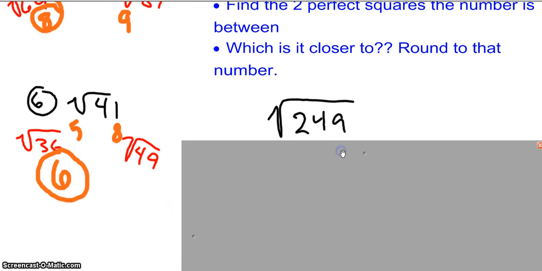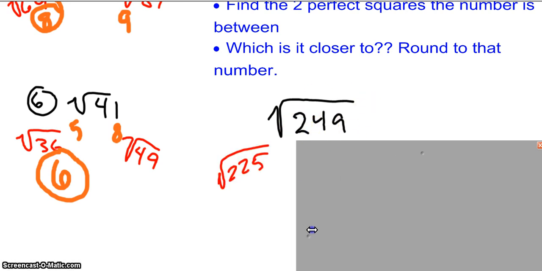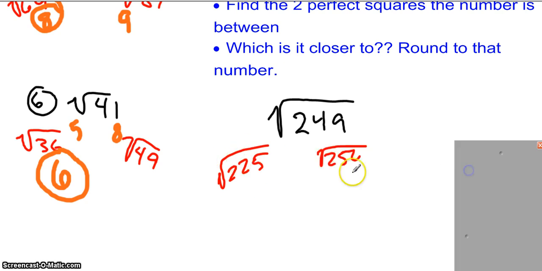How about 249? This is a larger number, and the square root of 249 is something between 15 squared, 225, and 16 squared, which is 256. So what would we say that the square root of 249 is closer to?